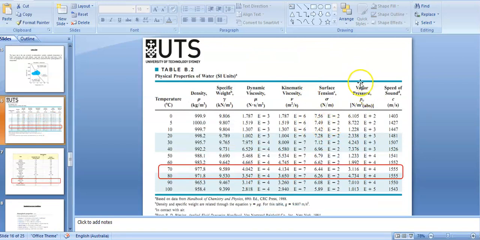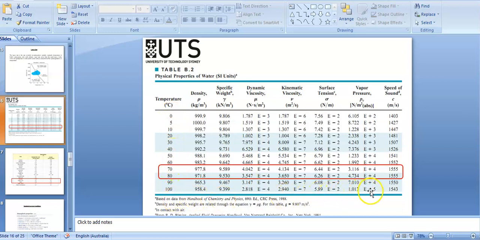The water vapor will create the pressure at the water interface, the water surface. This is called the vapor pressure. So we can see from the physical properties of water, this is the vapor pressure. What I found here, see the vapor pressure is increasing with the temperature.